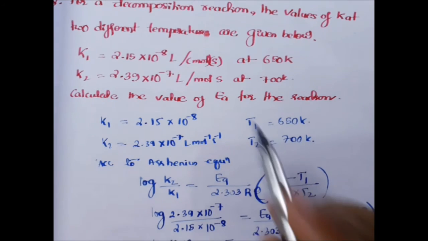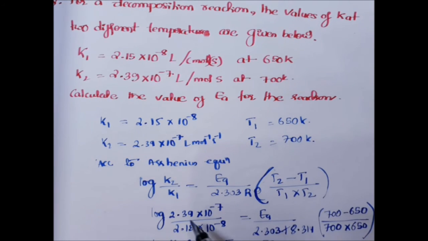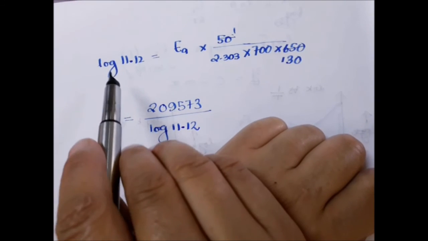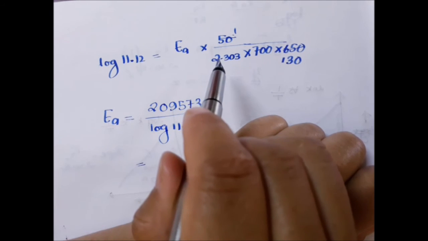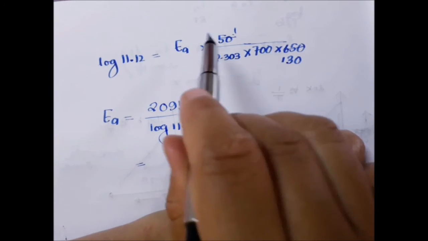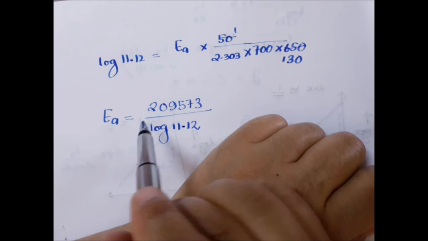Now substituting all the values, we get log of 2.39 into 10 to the power minus 7 divided by 2.15 into 10 to the power minus 8 equal to EA divided by 2.303 into 8.314, into 700 minus 650 divided by 700 into 650. After calculation we get log 11.12 equal to EA into 50 divided by 2.303. After cancelling we get EA equal to the calculation.